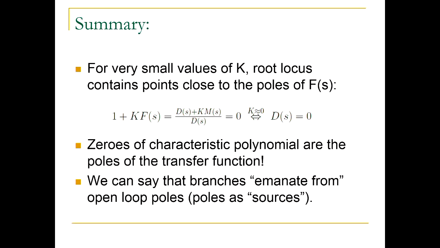So we can say that all branches of the root locus emanate from poles, because k is growing from 0 to infinity. As k grows, it starts from k equals 0, so the branches emanate from poles. That's why it's important to always plot these pole locations of f in the complex plane. It will help you sketch the root locus for an arbitrary system.